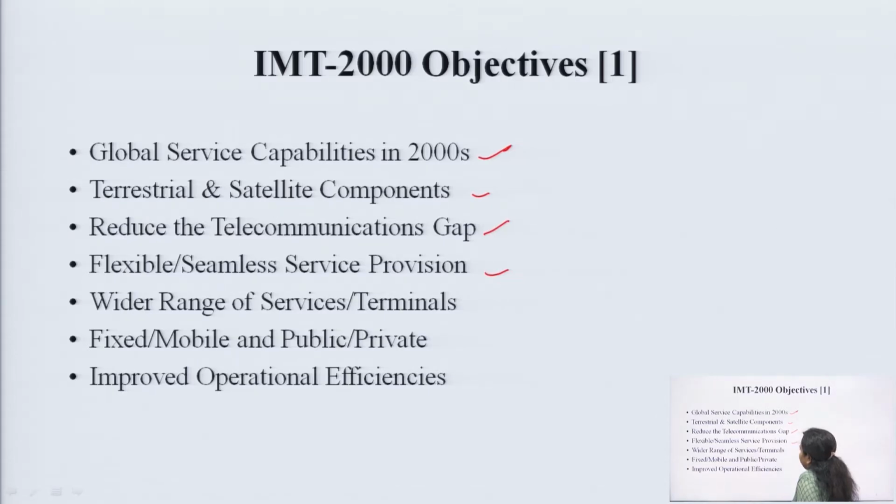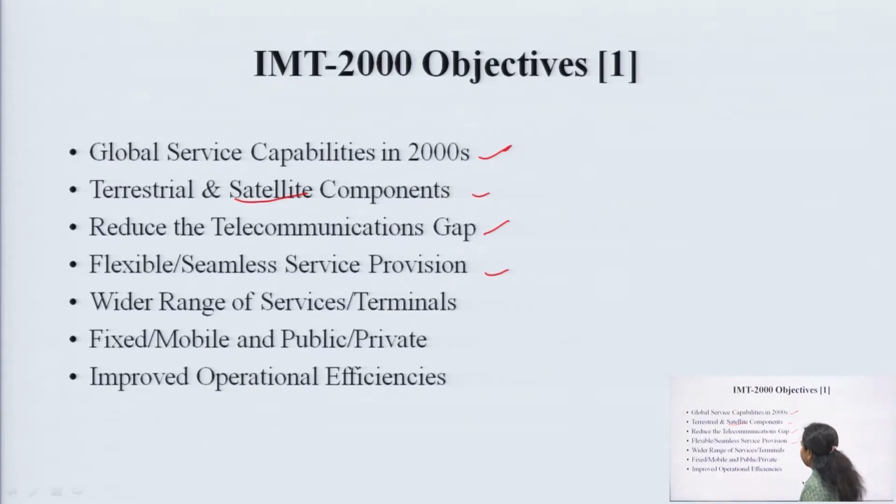So, you can say that in case of this IMT 2000, terrestrial and satellite components are there. Since the vision behind this is anywhere and any time, it will provide internet connectivity. So, the components used for this purpose should be terrestrial, and they should also cover the satellite components, so that communication can be maintained in both areas.